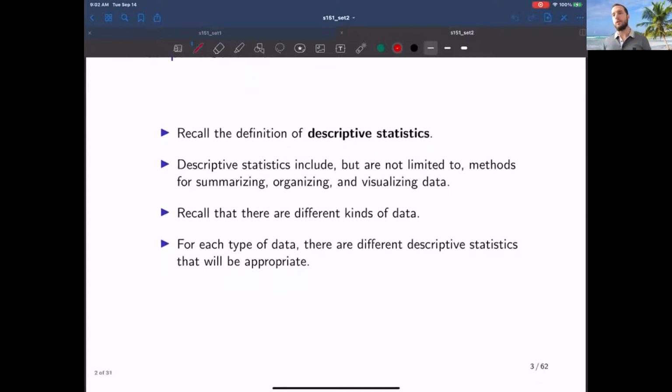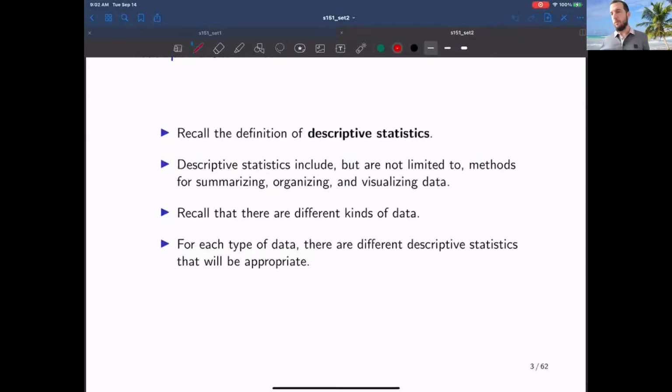This particular lecture set is comprised of descriptive tools. Whenever we use values like the mean or the median or standard deviation, as we will see later on, so individual numbers that summarize what we have observed, we can think of that as a descriptive measurement.